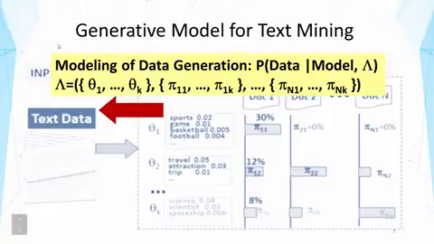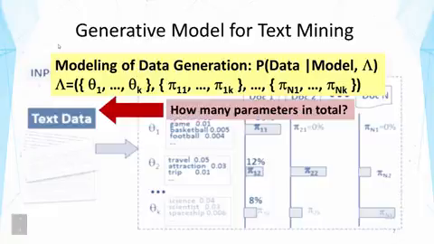So this is to say that we first pretend that we already have these word distributions and the coverage numbers. And then we're going to see how we can generate data by using such distributions. So how do we model the data in this way? And we assume the data are actually samples drawn from such a model that depends on these parameters.